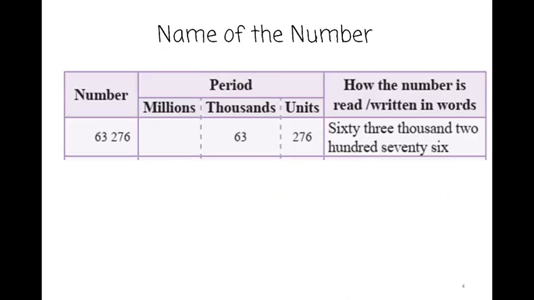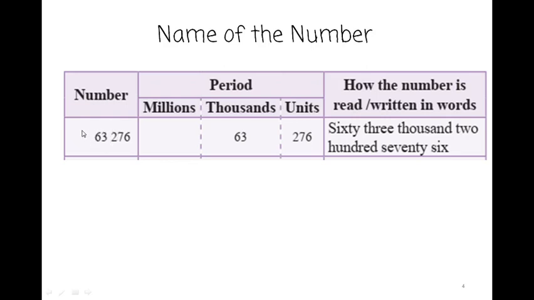Okay, now let's look at this exercise. What's the number? This is the given number. Let's look from the last digit. This is the digit 6, digit 7 and digit 2. So these three are in the unit zone and 63 is in the thousand zone.